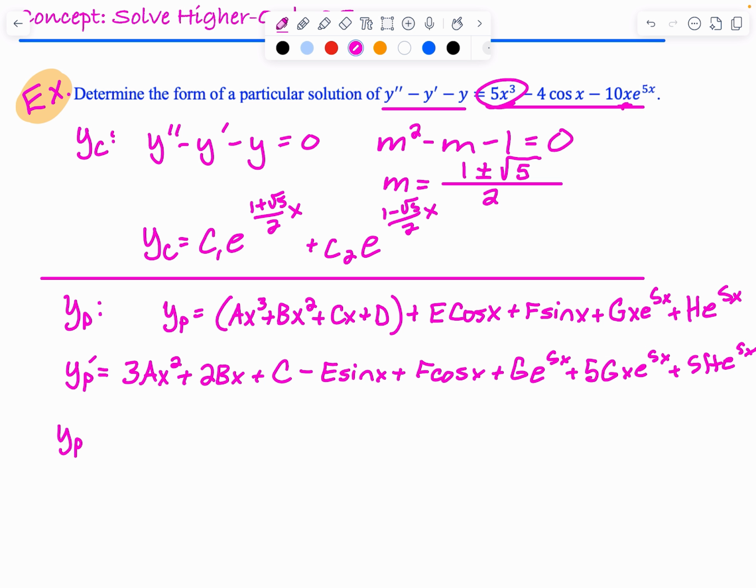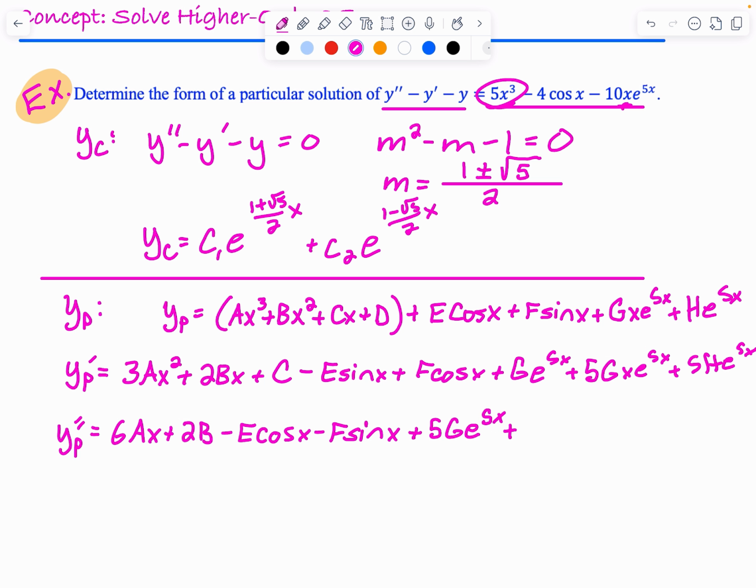All right, I know I'm going to use that. So I'm going to work my way up to double prime now. So I get 6ax plus 2b, minus e cosine x minus f sine x, and then plus 5g e to the 5x.